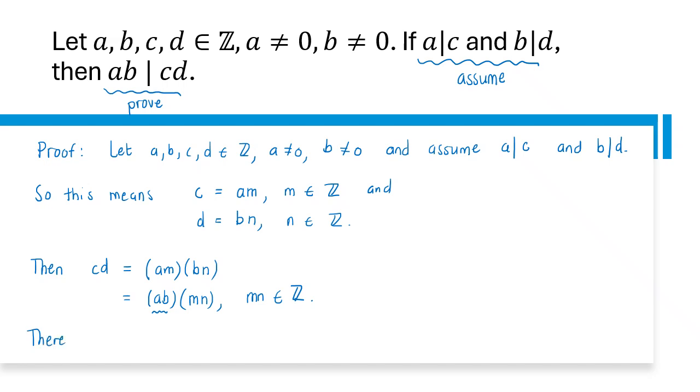Once we can show that AB is a factor of CD, we can write AB is a divisor of CD, which is exactly what we wanted to prove, and our proof is complete.